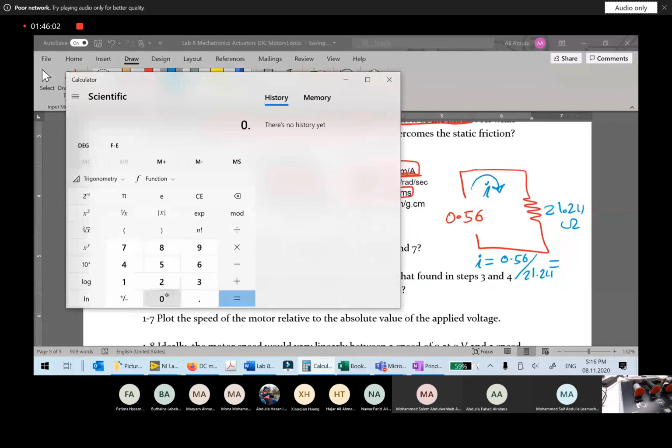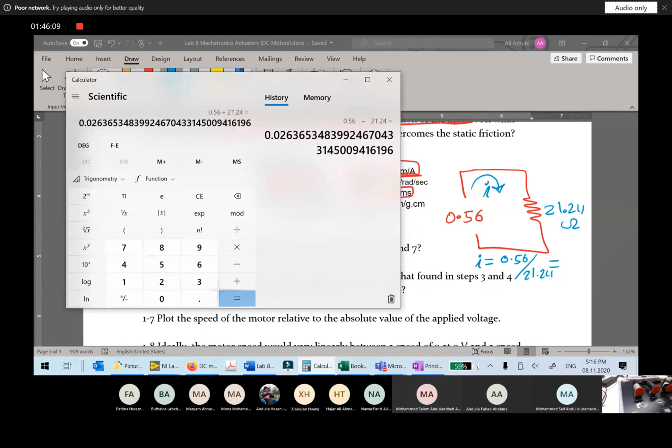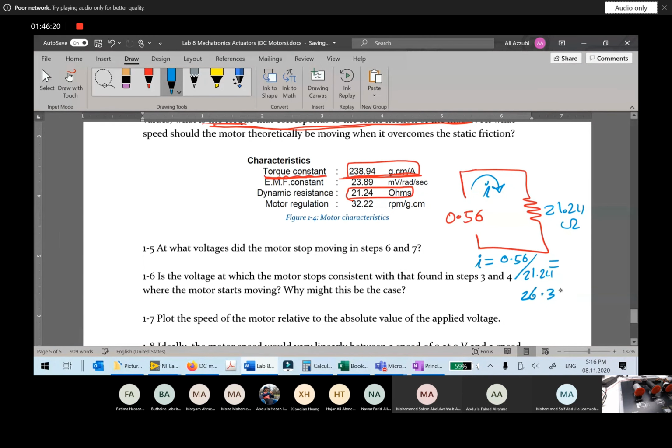see now I'm controlling voltage, and consequently the current is induced. Okay, so this is 26.365 milliampere.